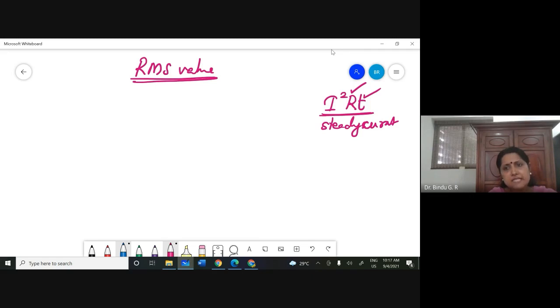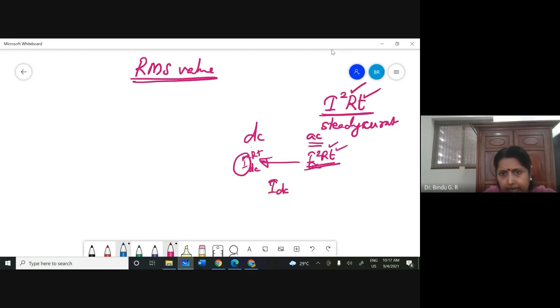That is, if AC produces I squared RT in some resistance for some time, that should be produced by the DC also, I squared RT. This is I DC, this is I AC. So you equate this and say that I DC is the I RMS value.